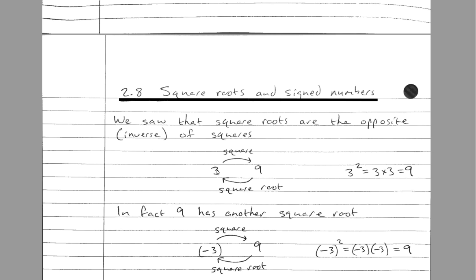So remember, for example, taking 3, so 3 squared, that's 3 times 3 is 9. And square roots, that's just the opposite operation. So you square 3 and get 9. The square root of 9 is 3.